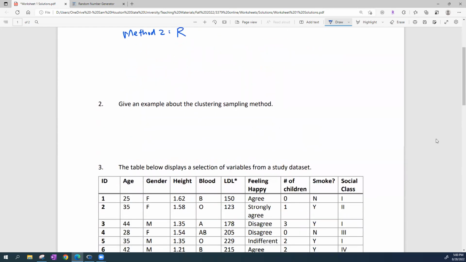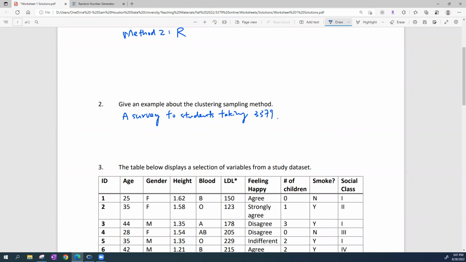Give an example of a cluster sampling method. So for example, we want to send out a survey to students taking 3379.